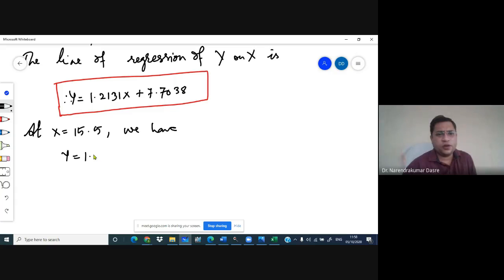So what will be y? Y will be 1.2131 into 15.5 plus 7.7038. So give me what is the value of y you will be getting.